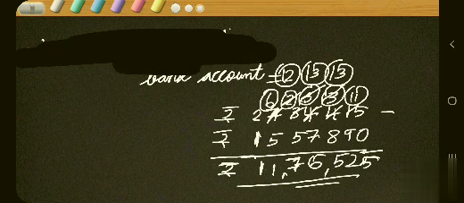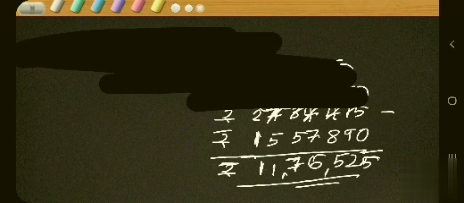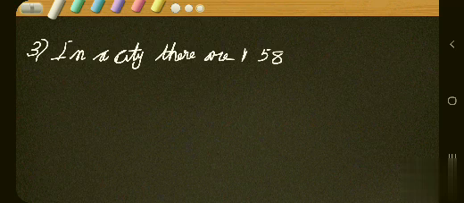Okay, just try to do this question number 3. Third question, write down. In a city, there are 1 lakh 58,312 children.